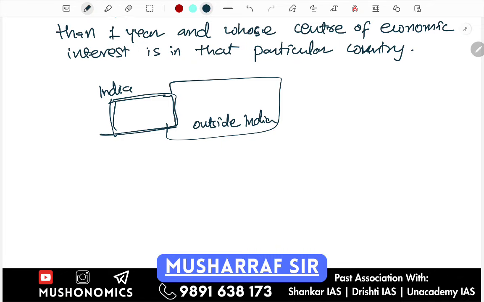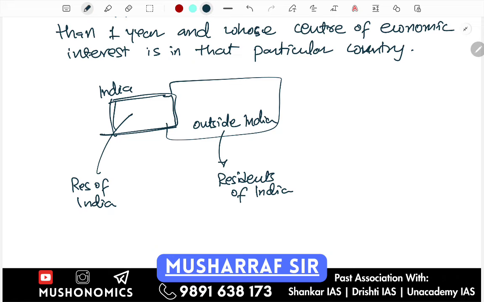But when we talk about GNP, we can take the example of nationals, the normal residents of India. And outside India also there are residents of India, right?